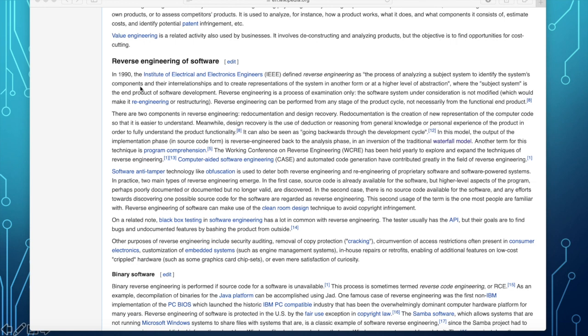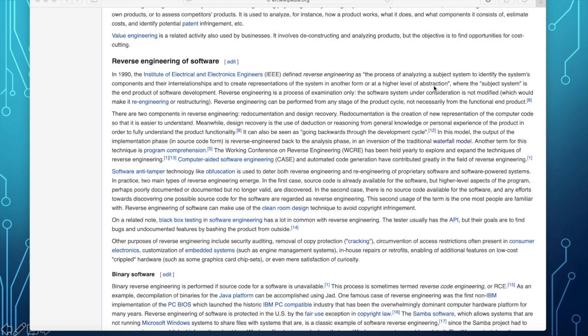So we want to determine the components of the system and their interrelationships, and to create representations of the system in another form or a higher level of abstraction. And this is what we are trying to do.